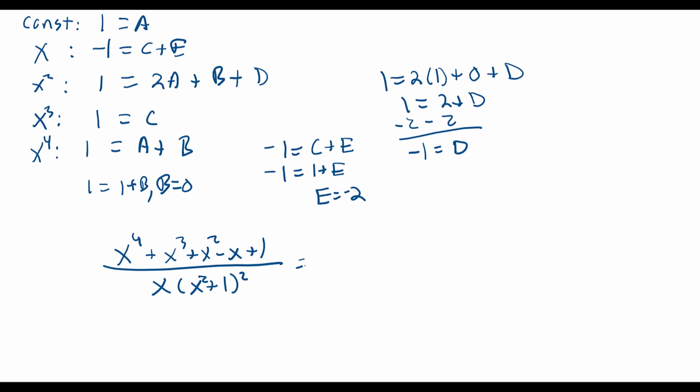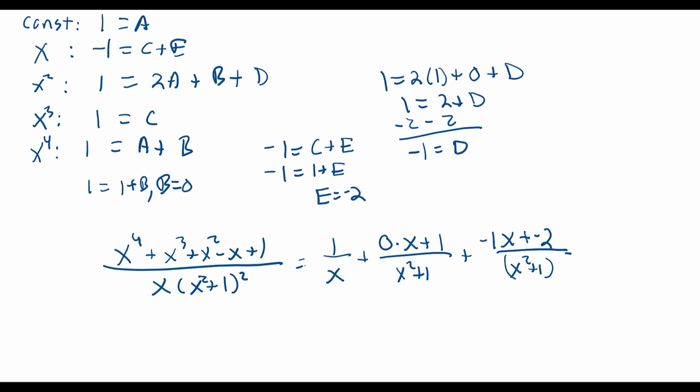It's going to be our a, which is 1 over x, plus, then we had bx, so b was 0, so 0 times x plus c, which is 1 over x squared plus 1, plus, then we have dx, so d was negative 1 times x plus e, which is negative 2, over x squared plus 1 squared.